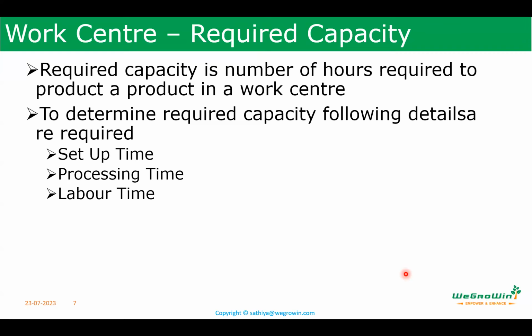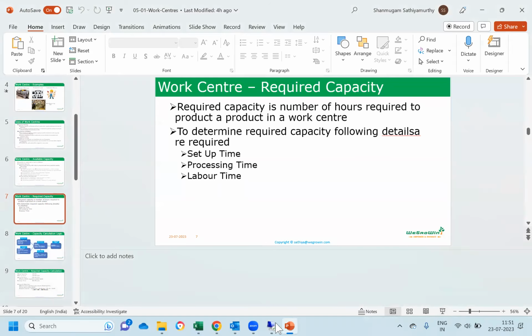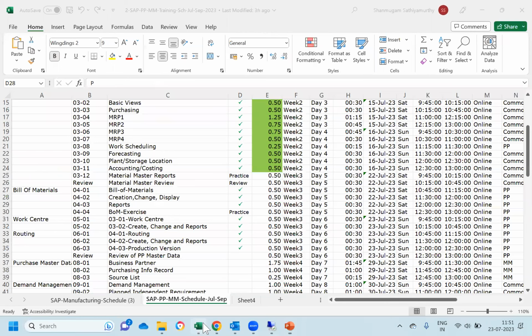For example, I create a production order for 100 numbers. To produce it, I need this much setup time and this much processing time. These things are coming through routing. So that is my required capacity. There is capacity available in one place, and there is capacity required, which is coming from the orders.